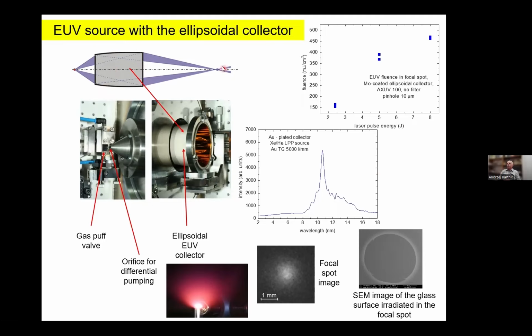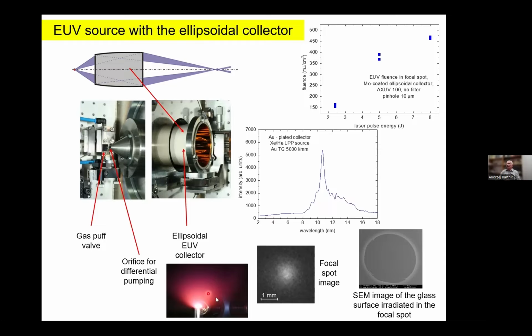And in the focus of this mirror, the fluence of the radiation is at the level of up to half a joule per square centimeter. This is the spectrum of the reflected light.